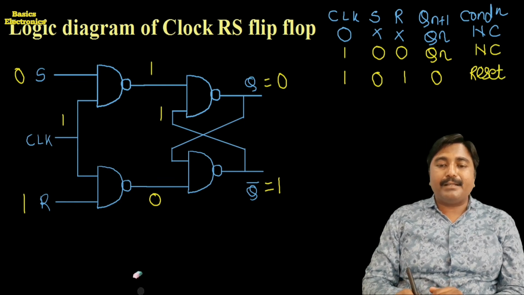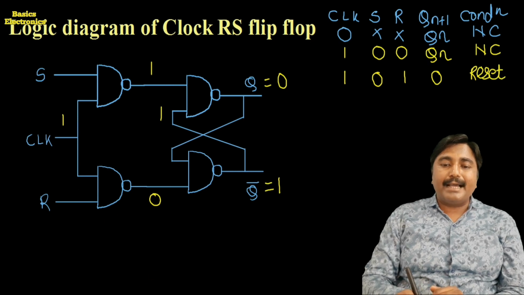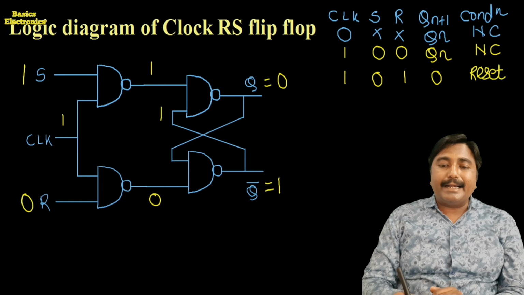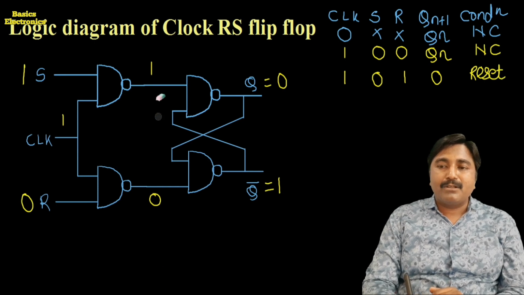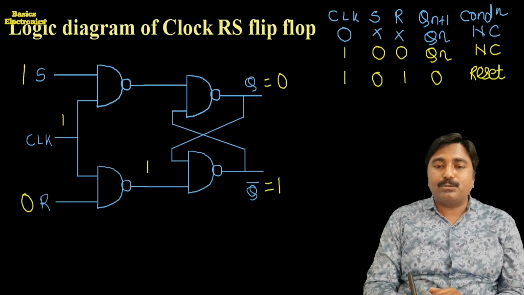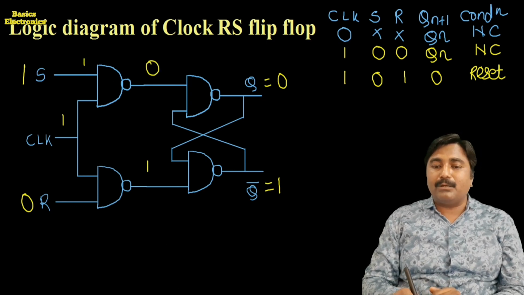Okay, now we interchange the inputs. S is equal to 1, R is equal to 0. At that time we get the opposite condition. How do we get the opposite? See here, one input of the lower gate is low, so its output is equal to 1, and here both inputs are 1 1, so its output is equal to 0.